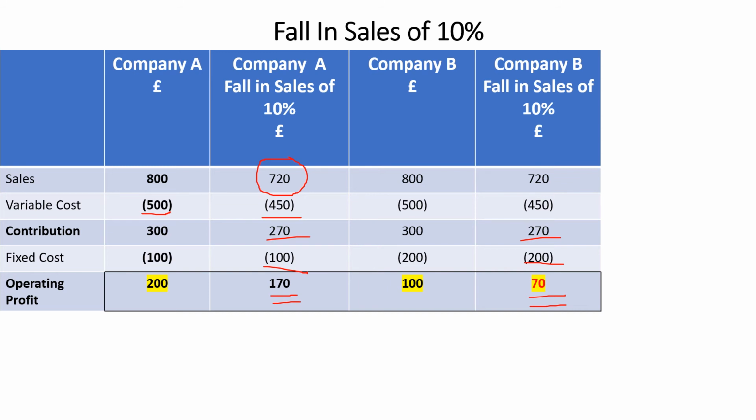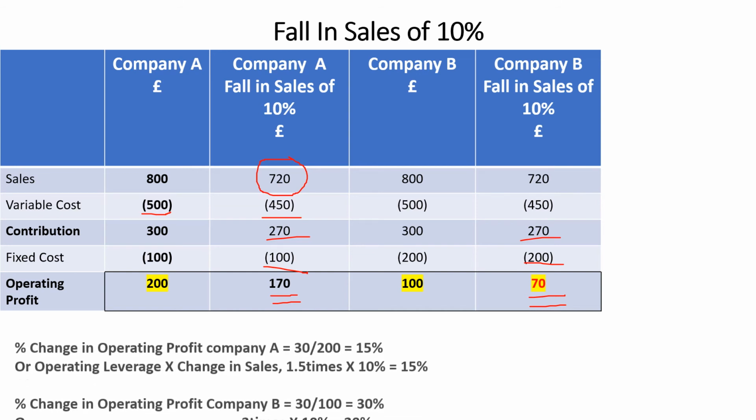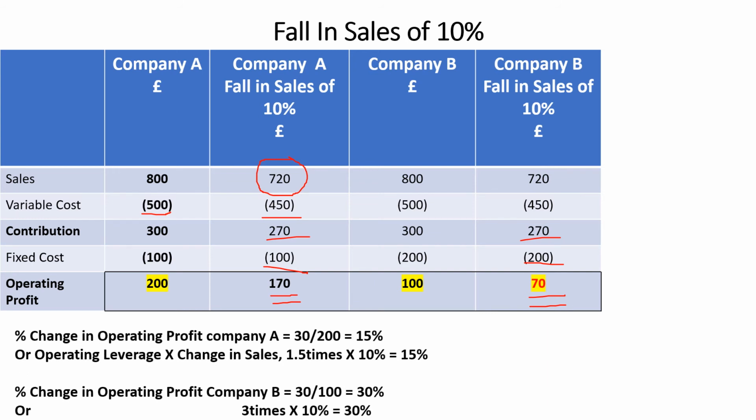Was there another way of determining the changes to bottom line results? Let's have a look at what happened to operating profit and how we can use the operating leverage ratio to measure the impact. What is the change or percentage change in operating profit for Company A?